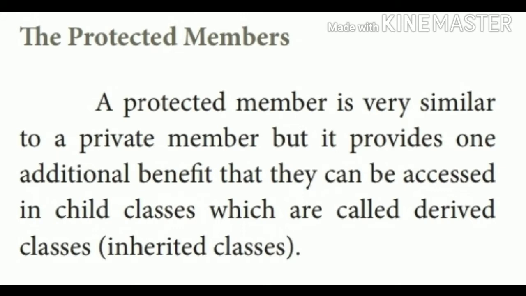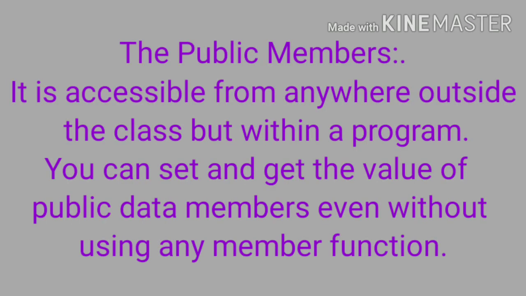At the same time, it provides some benefits. That is, if we declare the variable in the protected access specifier, it can be accessed in the child class, that is, the derived class. If we declare the variables and member functions in the public access specifier, we can use those variables and functions anywhere in a program or outside the class, whatever it may be.